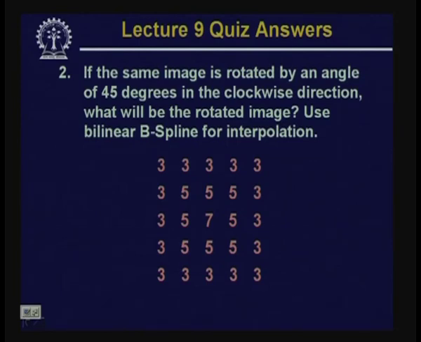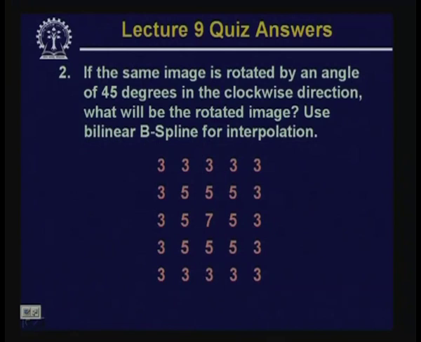The value that you get there, you replace in the corresponding location in the transformed image. Following this similar procedure, you can find out the rotated interpolated image.